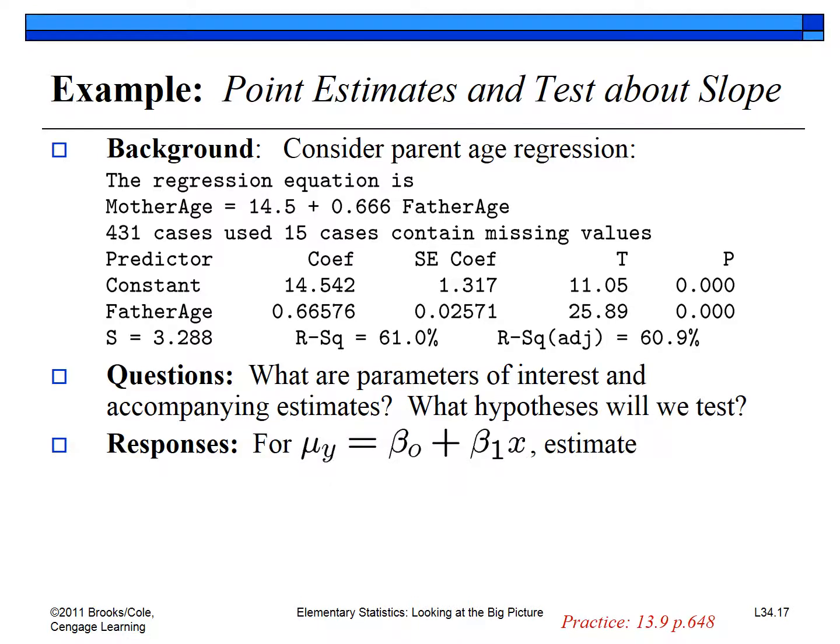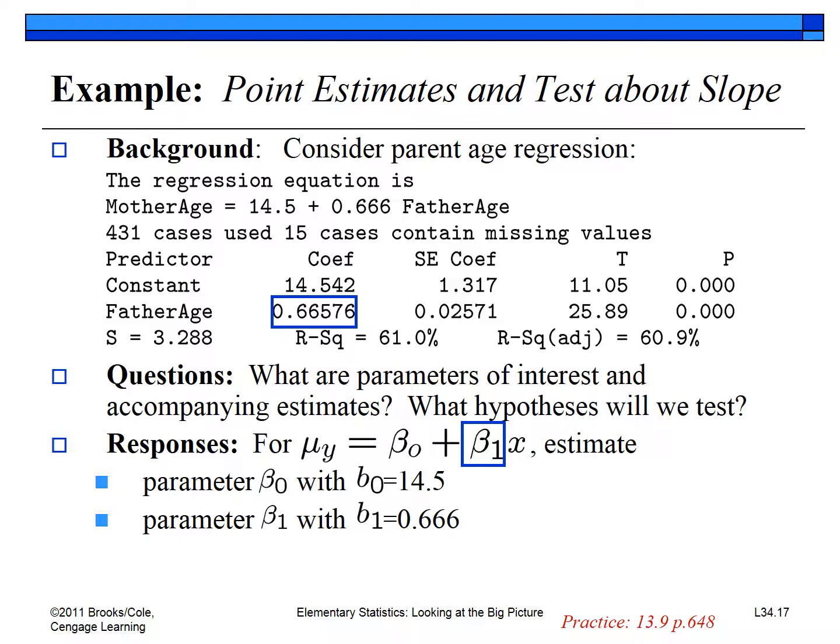Well, there are three parameters that we're interested in: the slope, the intercept, and the standard deviation. For the intercept, remember, we can use a point estimate. The intercept we will estimate to be the intercept for our sample, which was 14.542.